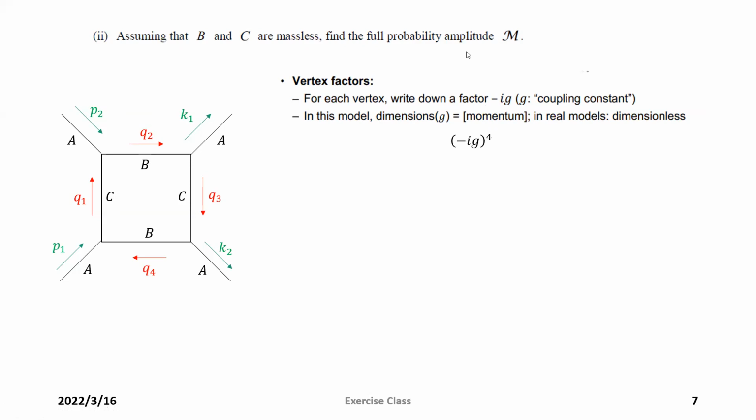And as you remember, previously we said if a diagram has more vertices, it will be more suppressed. And the reason is because in Feynman rules, each vertex will have a factor of minus ig, and g is smaller than 1. So the more vertices, the more suppressed is the diagram.